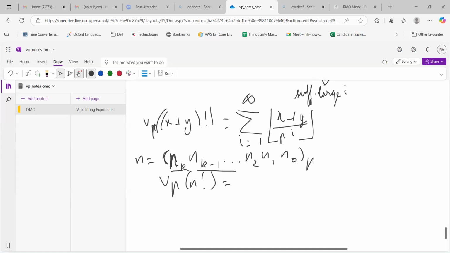This is just the base p representation of n. Then if I define S of n as the sum of the digits of n in the base p representation, this would be n_k plus n_(k minus 1) and so on.